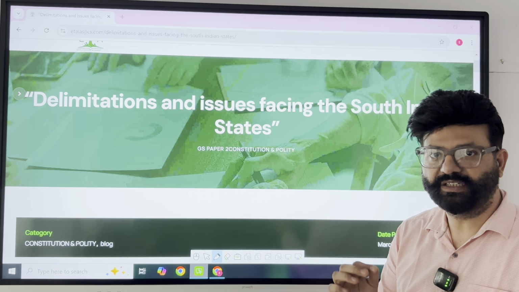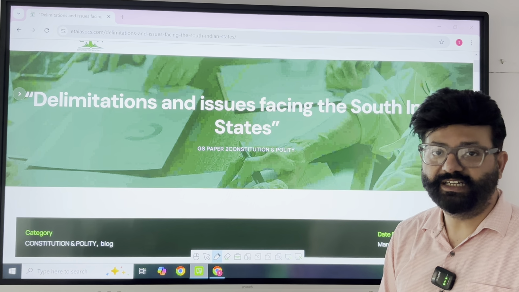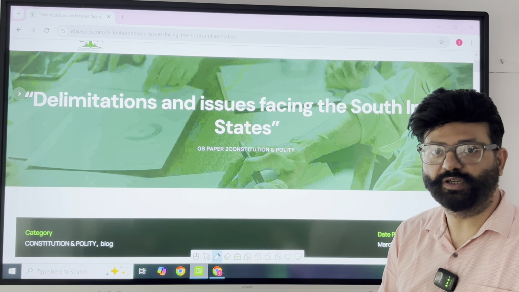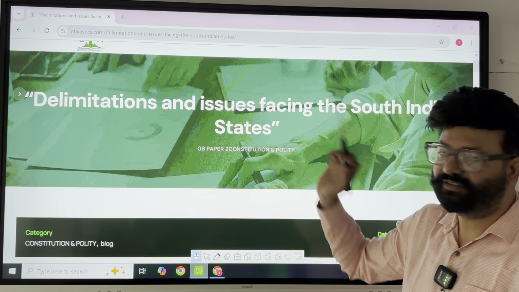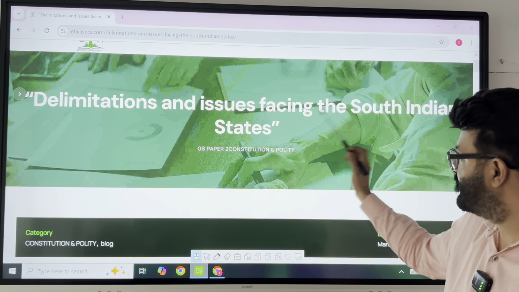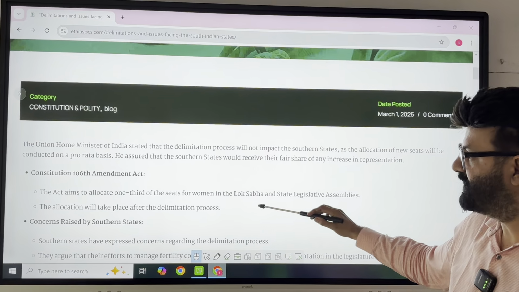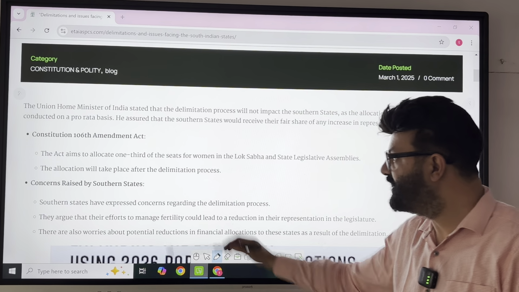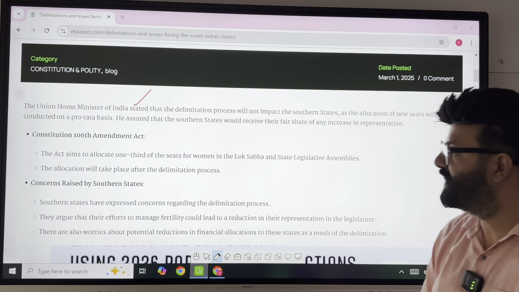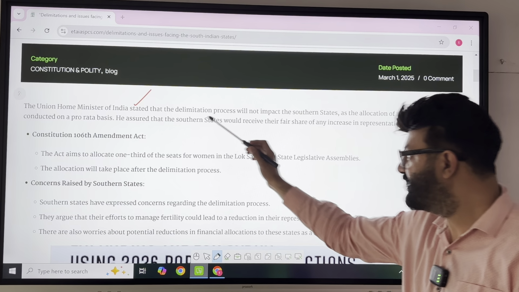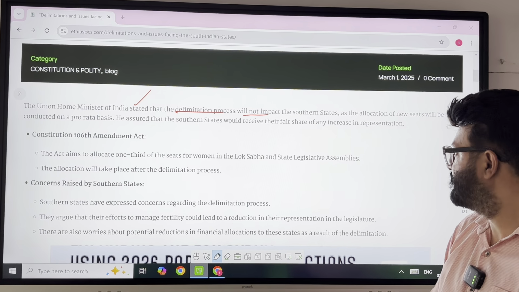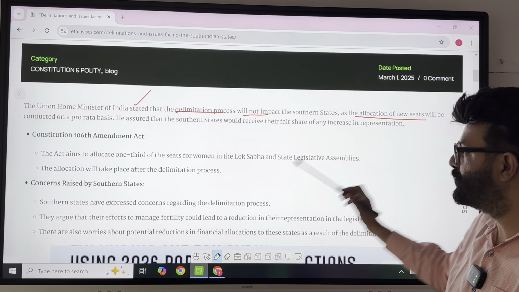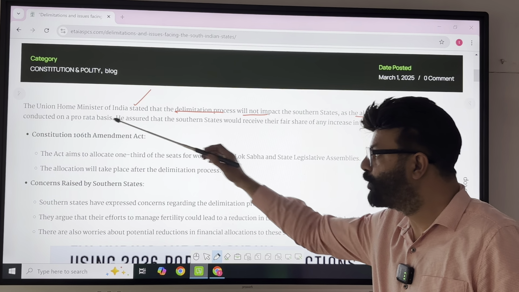Today we are going to start with a very important topic, that is delimitation, which is important for your polity and constitution. Now, why have we taken this topic, delimitation and issues facing the South Indian states? Because recently our Union Minister of India, Shri Amit Shah, has stated that the delimitation process will not impact the southern states, as the allocation of new seats will be conducted on a pro rata basis.